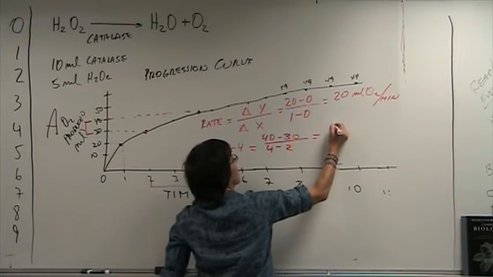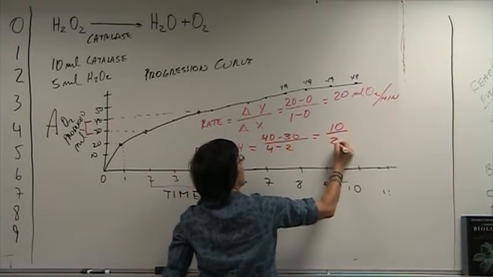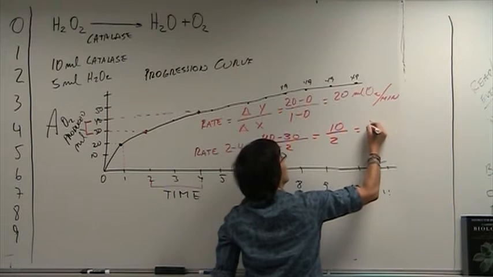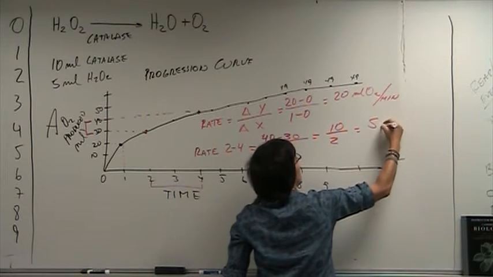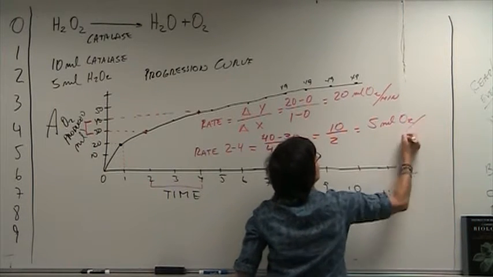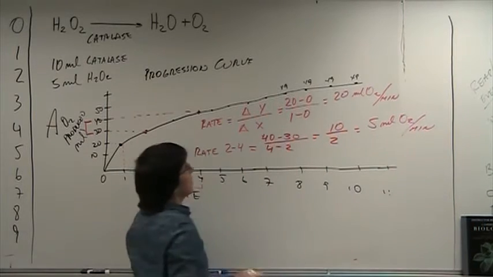So this gives us 10 divided by 2 equals 5 mLs of oxygen per minute.